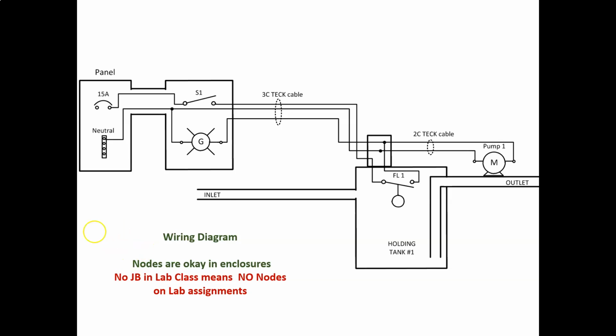Again, in the enclosure or in a specific device, you may have, like over here, inside of an enclosure, you can see it's capped in there. We have splices going on. That's not something you would be doing just outside or on the bench.